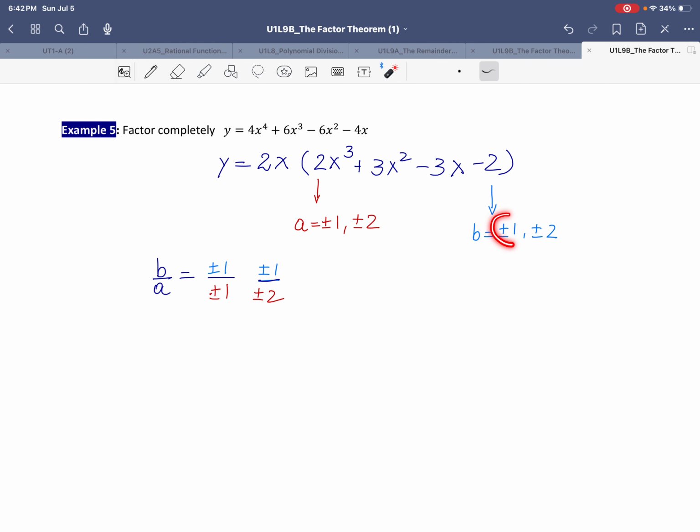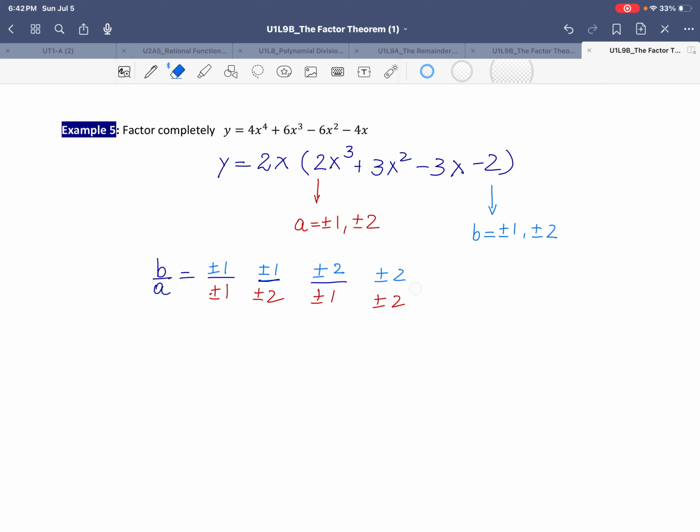So we divide this number by each a value. Now we'll continue again with the next b value, which is plus minus 2, divided by the first a value plus minus 1, and then plus minus 2 divided by plus minus 2.